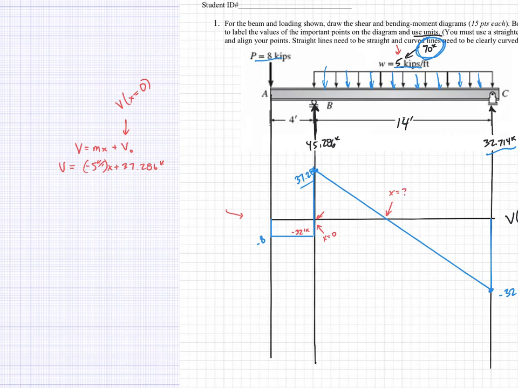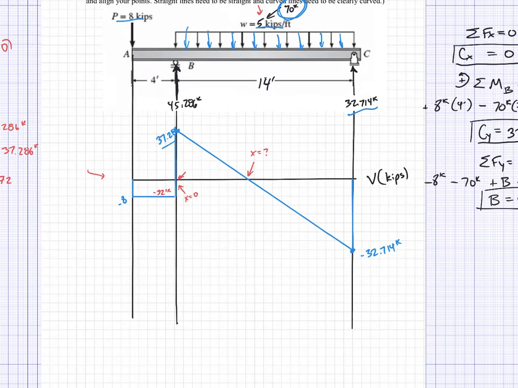So I'll say, okay, v is 0 equals -5 kips per foot times x plus 37.286. And I'll solve that, and I'll get x equals 7.4572.